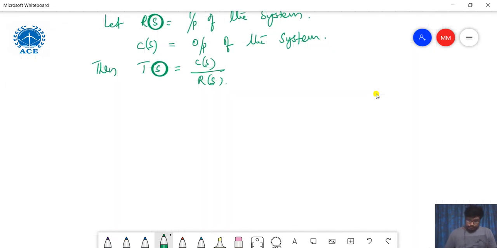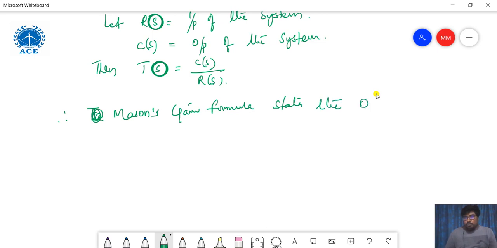Therefore, Mason's gain formula states the overall gain of the system.